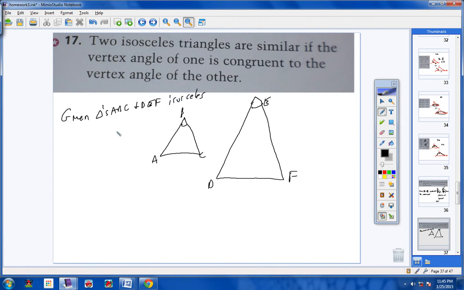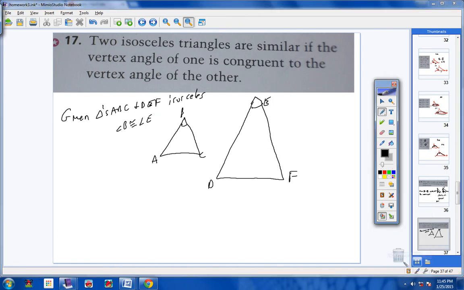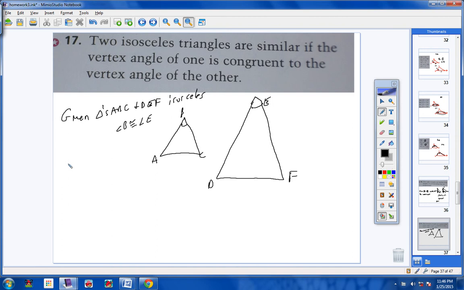Okay, and angle B is congruent to angle E. So, that's what's given to us. Students, I hope this is making sense. Please pay close attention, okay? And we're going to prove that triangle ABC is similar to triangle DEF.